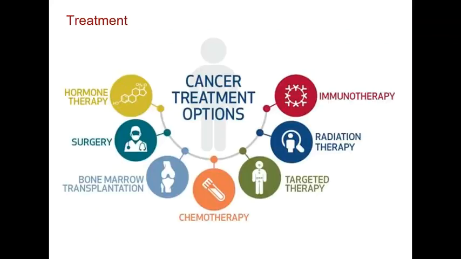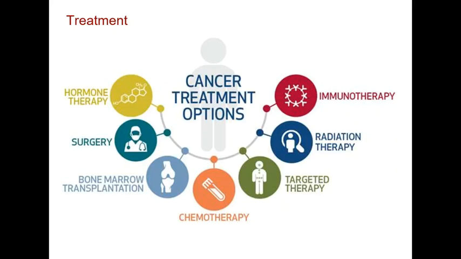Coming to treatments, there are a lot of options available for treatment of cancer. Starting from the right is immunotherapy, where we give some types of antibodies or certain vaccines like BCG to stimulate the immune system so that cancer cells can be killed. Radiation therapy or radiotherapy, here we generally give gamma radiations to kill the tumor.